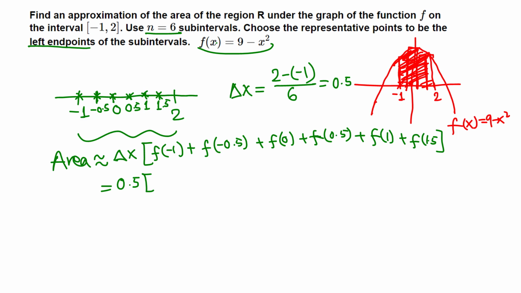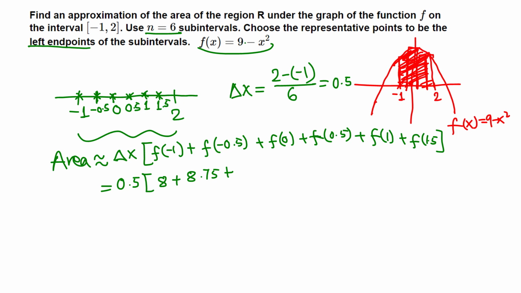Evaluate this function 9 minus x squared at -1. Okay, you can use your calculator. 9 minus 1 squared. Okay, or just 1 squared is 1, 9 minus 1, 8. So this one is 8. f at -0.5, plug in 9 minus 0.5 quantity squared, 8.75.